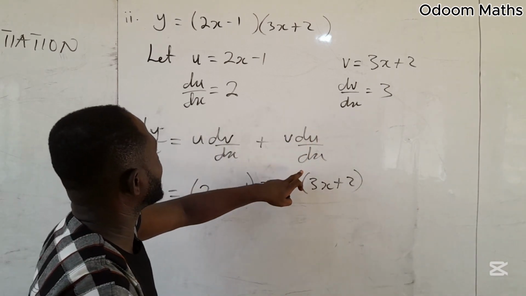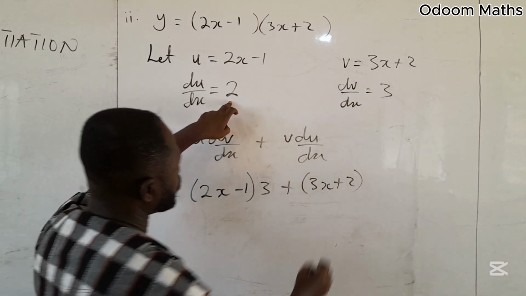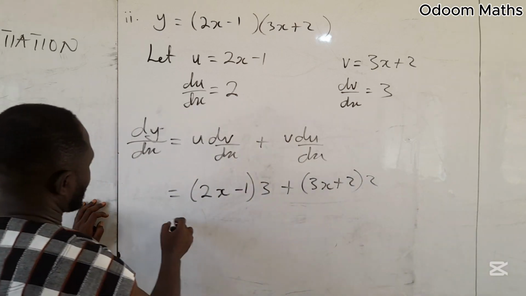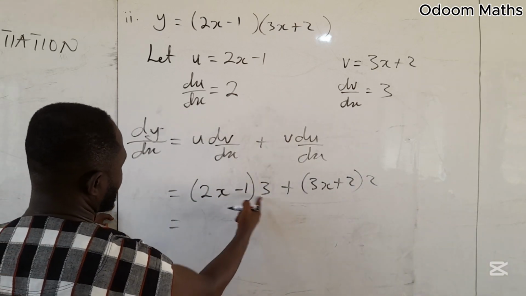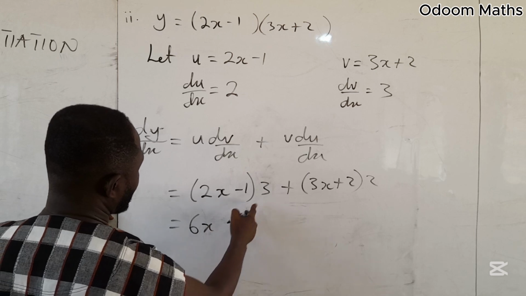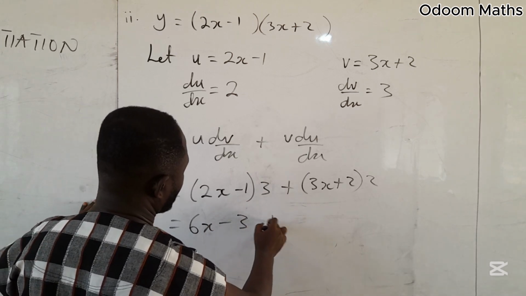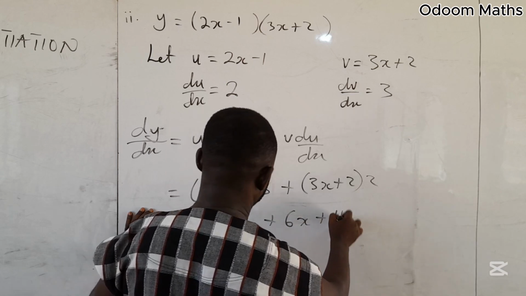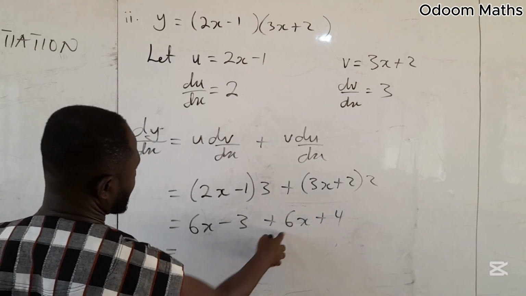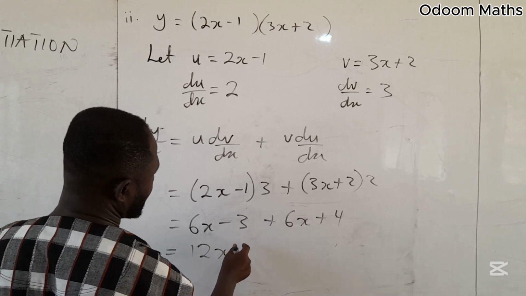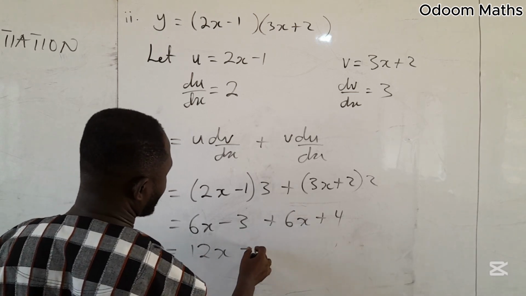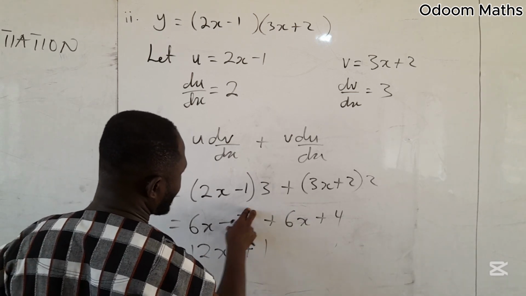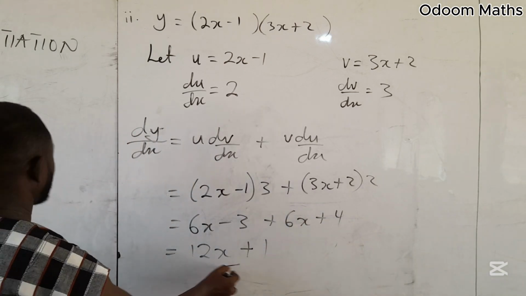So du dx, which is 2, will also multiply this. So that is going to give me, this and this becomes 6x minus 3, plus 6x plus 4. So this and this can be added to 12x, and this will also be my plus 1. That is negative 3 plus 4 is positive 1. So this is the answer.